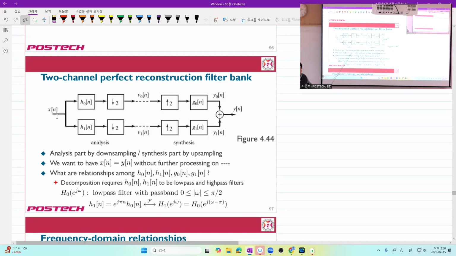So I'm not going to talk too much about it, but you remember that there are many applications of multi-rate signal processing. There are even some graduate level courses entitled multi-rate signal processing, and they have textbooks entitled multi-rate signal processing. Multi-rate signal processing is very important.